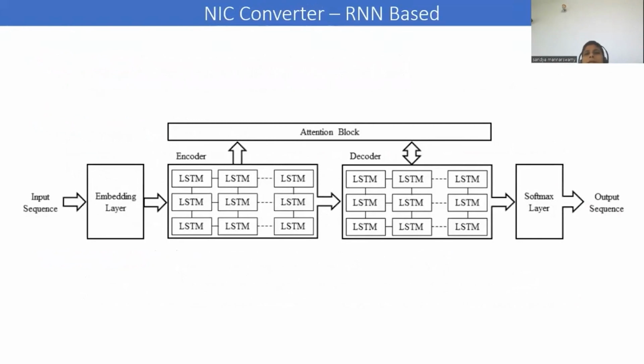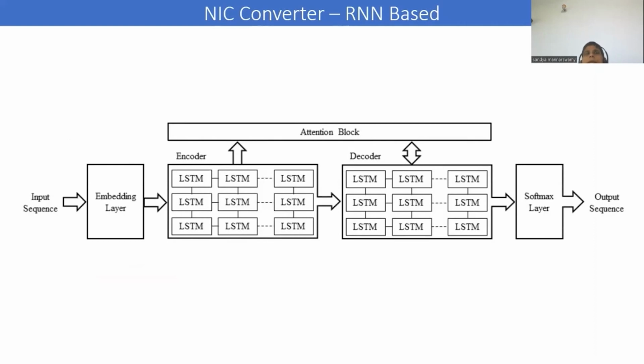So here is an example of the recurrent neural network based NIC converter module. As I said, the RNN blocks are actually long short-term memory networks, or LSTMs. You would see a sequence of LSTM cells in the encoder. Similarly, you would see a sequence of LSTM cells in the decoder, and we have the attention block.